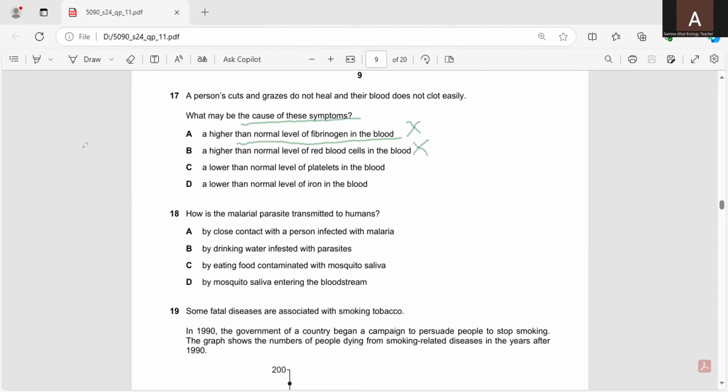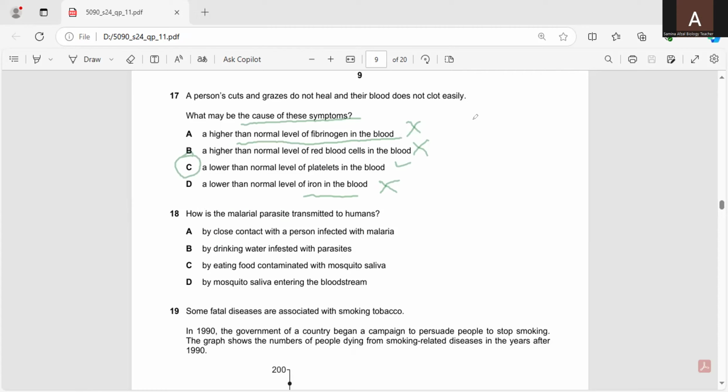Red blood cells only carry oxygen, so blood flow would be high in that case. A lower than normal level of platelets in the blood, so it can be a correct option. A lower than normal level of iron in the blood? So C is the correct option, because the function of platelets is to clot the blood. If they are lower than the normal level, the healing process will be delayed.